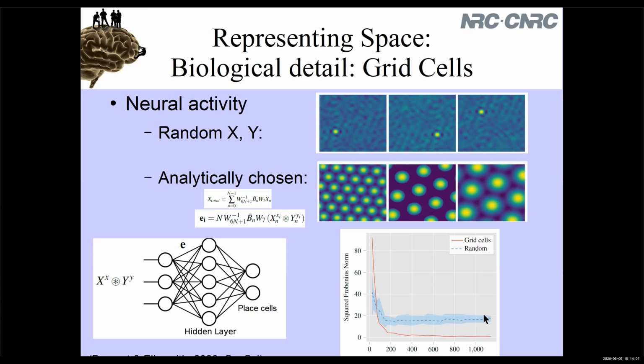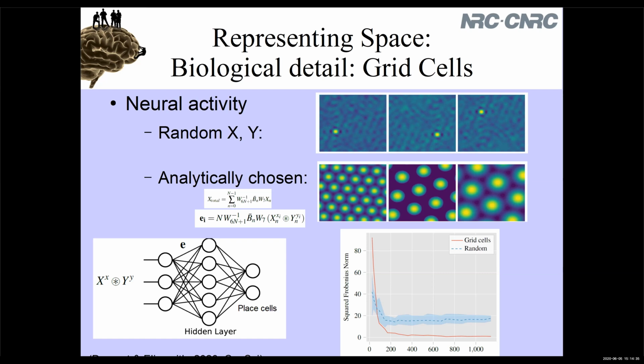The random choice is the blue line. The black line is what happens when you use these more analytically chosen grid cells. That seems to be consistent with a bunch of suggestions from what neuroscience is doing. So anyway, this sort of thing maps on interestingly to grid cells in the brain.